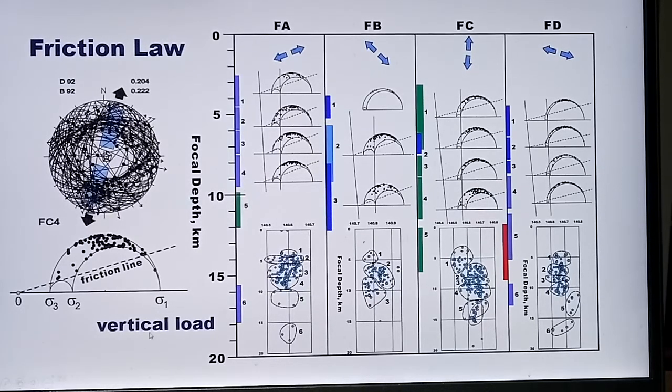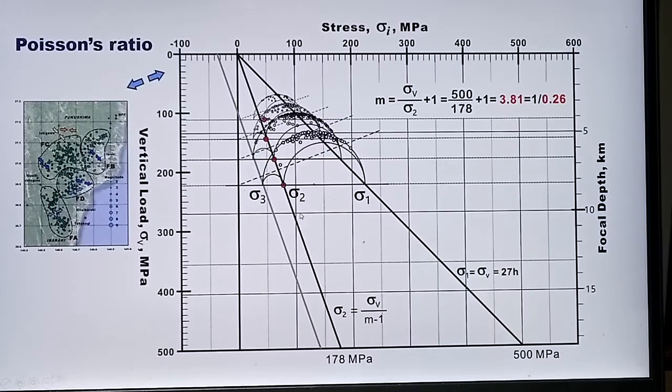So we can determine sigma 1, and we can easily determine the real stress magnitudes. So we try to determine the friction line, and at the same time, we try to determine the Poisson ratio using the friction line.